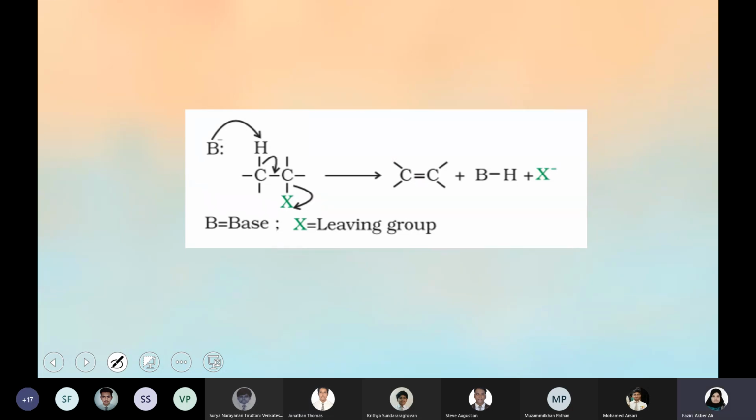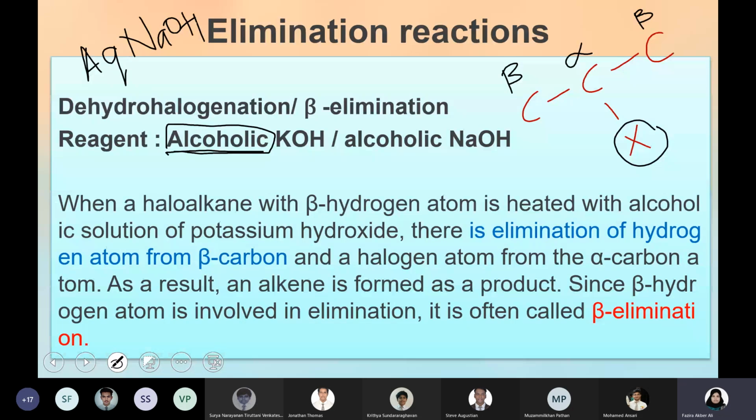So here in this beta elimination, you need to know what the reagent is. The method is that they undergo a beta elimination to remove a hydrogen and a halogen. The hydrogen is at the beta position with respect to the functional group, that is the halogen, and this leads to elimination to form an alkene.